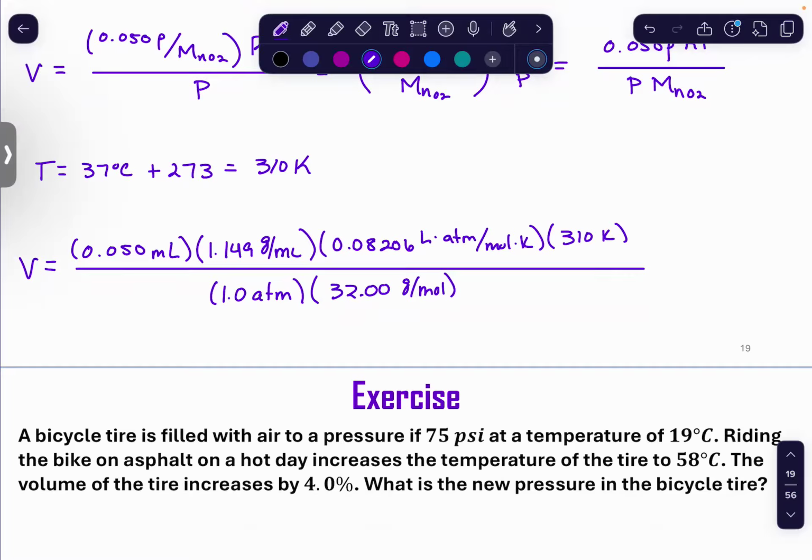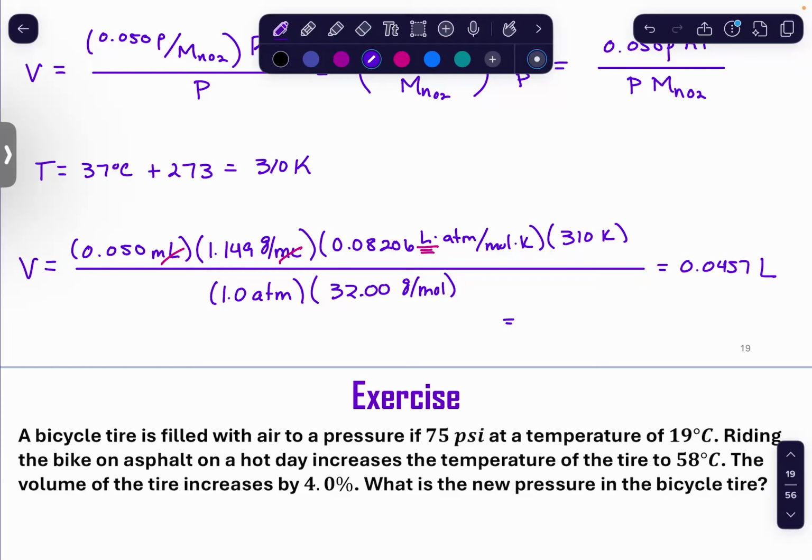Now, when you work all of this out, you're going to get 0.0457 liters. And you may ask, well, how do I get that when I have milliliters in the problem? That's because milliliters divided by milliliters will cancel out. And at the end, you'll have liters left. So then we want significant figures.